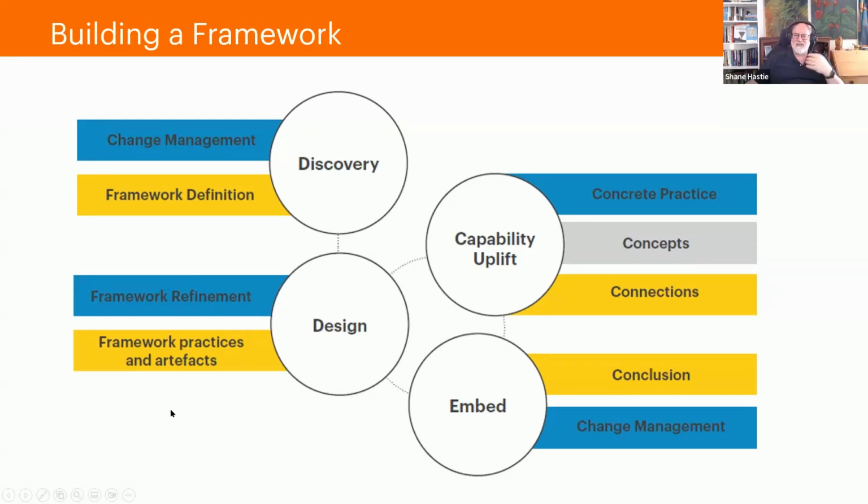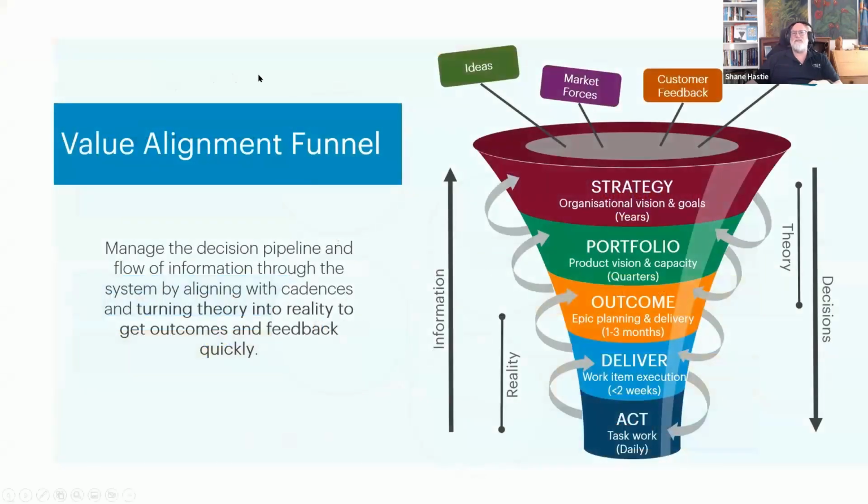So how do we continually make sure that our framework is fit for purpose, that it really meets the team's and the organization's need, that we can make sure that the flow of work, our value funnel, that we've got a clear understanding that everything we do fits in with the organization strategy, that we break that down into the portfolio. We have a set of outcomes. Maybe we're planning at quarterly, 1 to 3 months.